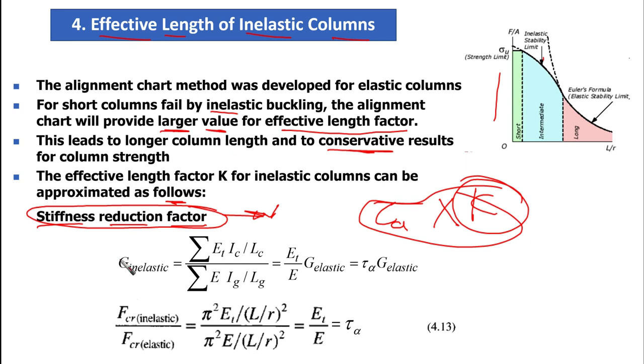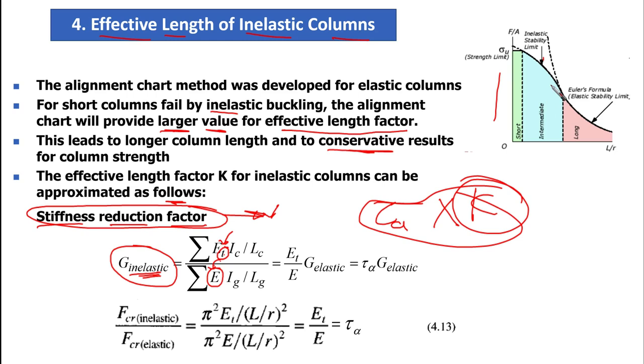Okay. So let's now understand the background or rationale behind this. Actually, for G inelastic, which is the ratio between the summation of stiffness of columns and beams, here for the column we are using ET because we are in the inelastic range, right? So this ET is going to be different than E, which is the Young's modulus of the steel that is going to be used for the girder, right?